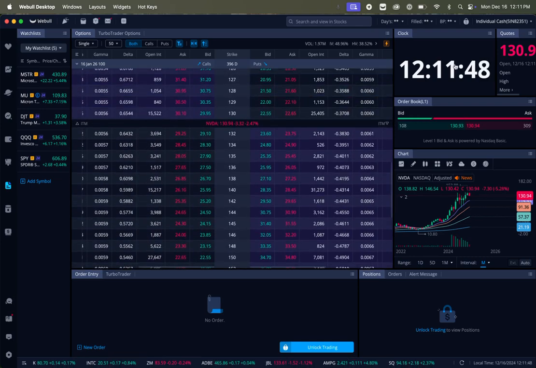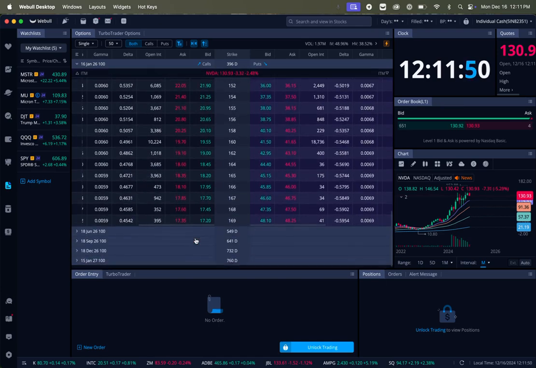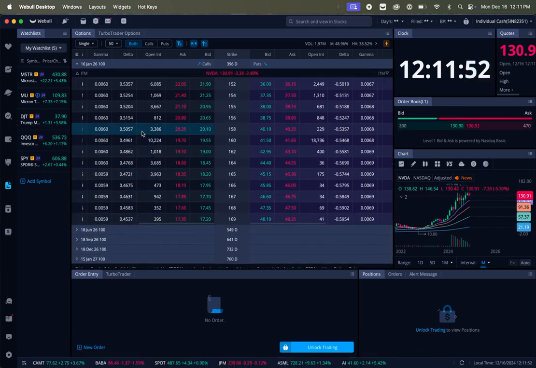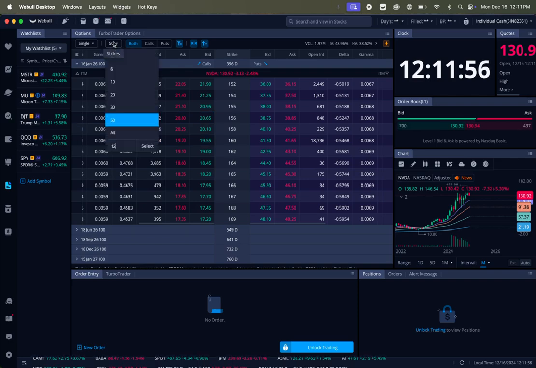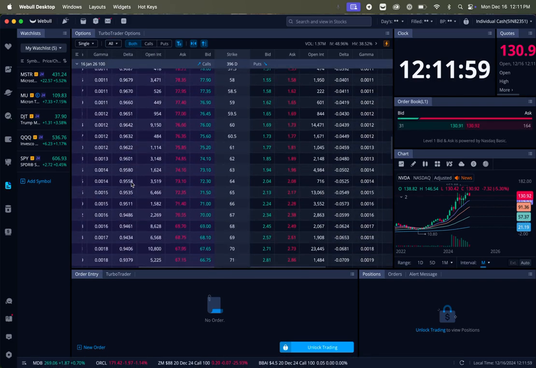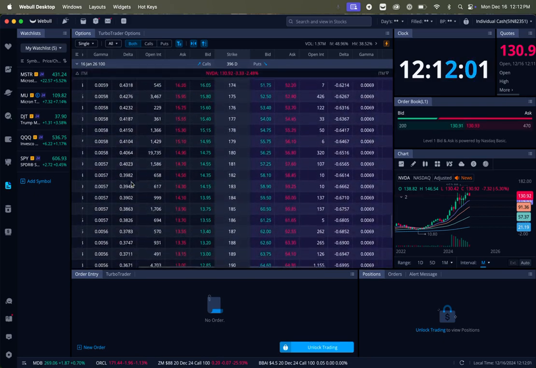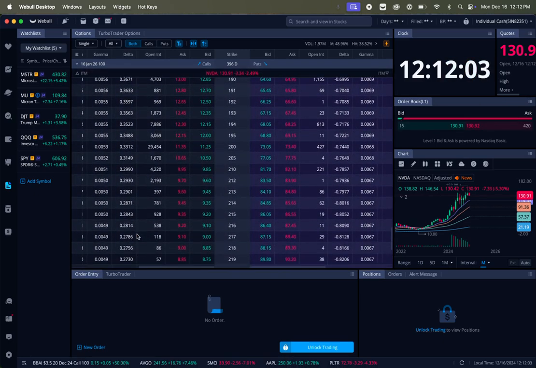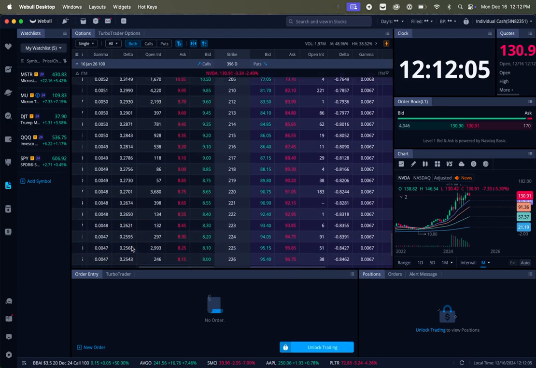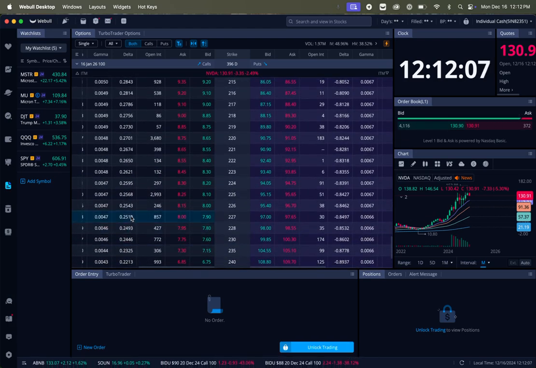It's right now sitting at 130, and the 50 delta is somewhere around 158 and 168. So the question is where's the 25 delta? If I look at all the expirations, I don't even think it shows up here. Let's see where it's at. Oh, it does. Okay, awesome. It's somewhere between 227 and 230.